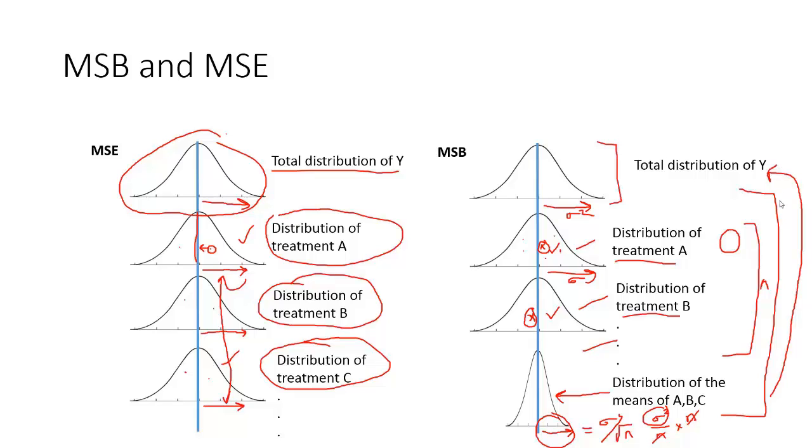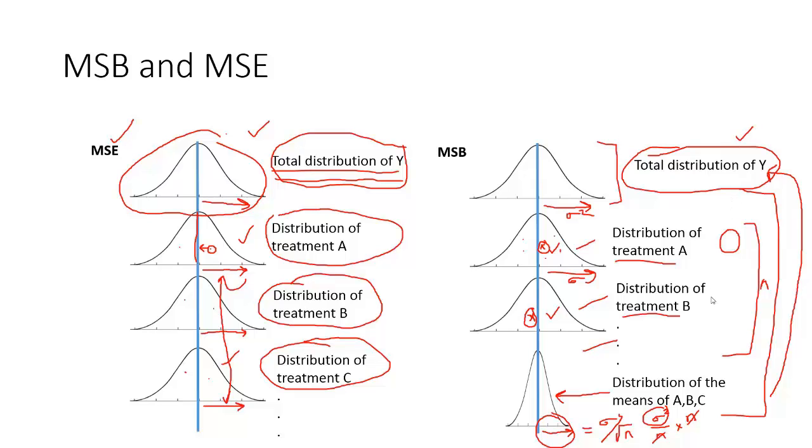Which is fine, that's going to work great as long as the null hypothesis is true. So as long as the null hypothesis is true, the MSE approach to calculating the variance of the total distribution and the MSB approach to calculating the variance of the total distribution both should work perfectly fine, right?